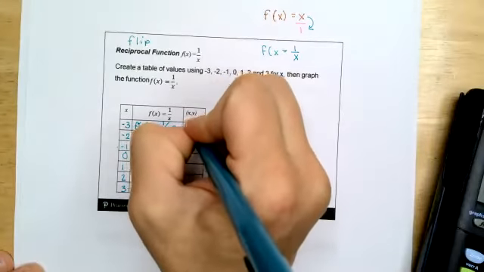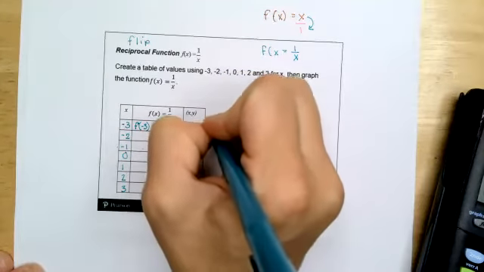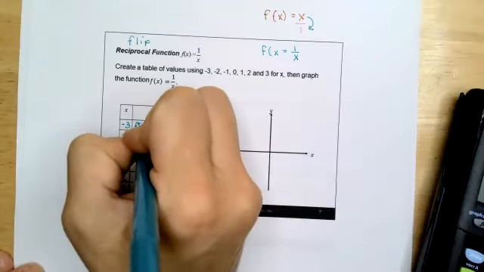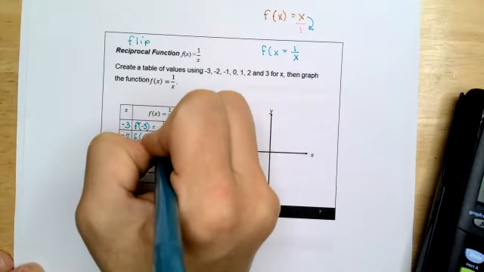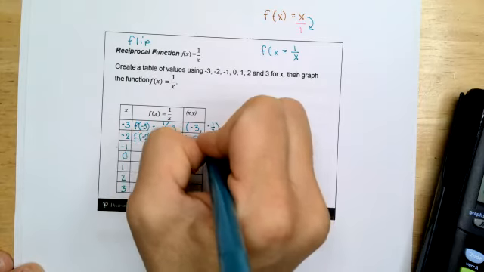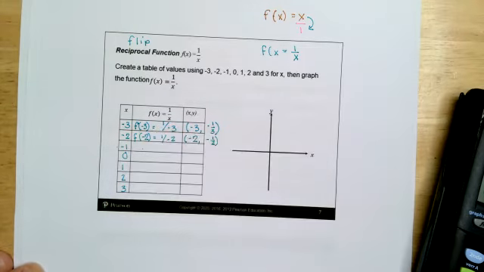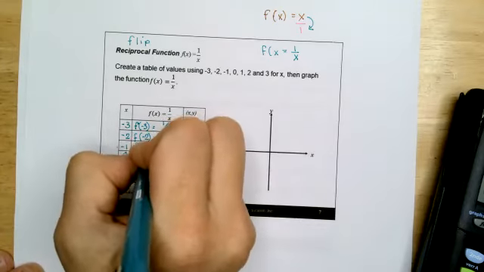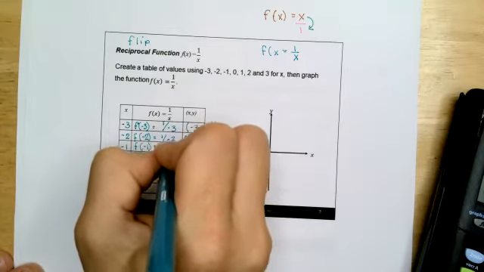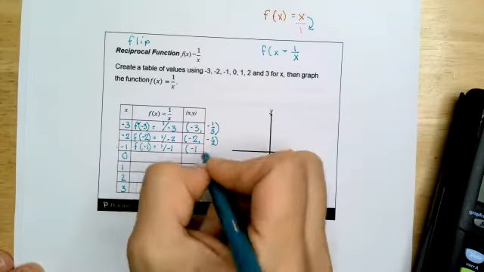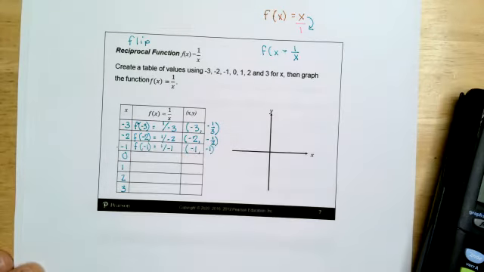So when x is -3, y is -1/3. When x is -2, y is -1/2, right? When it's -1, 1 divided by -1 is still a -1. So that one's okay.